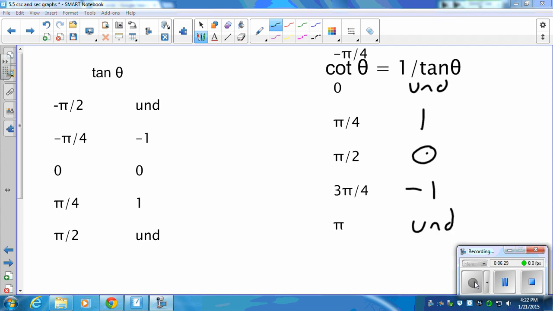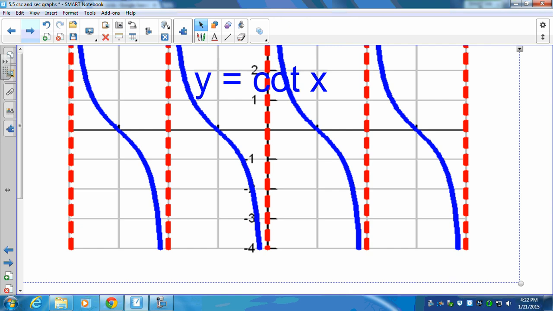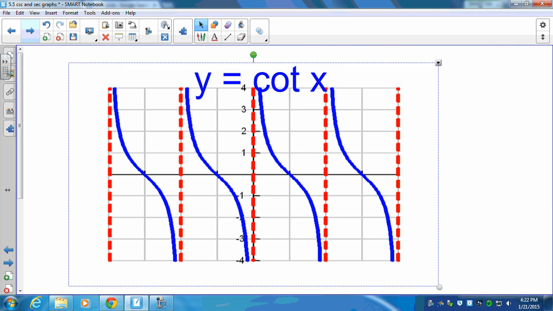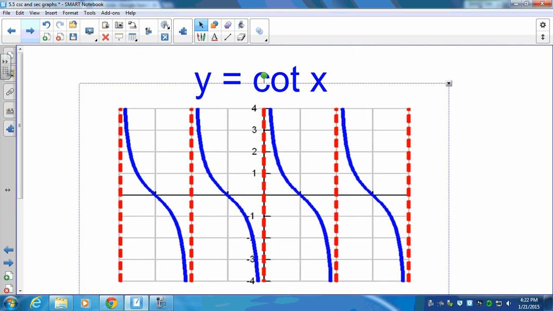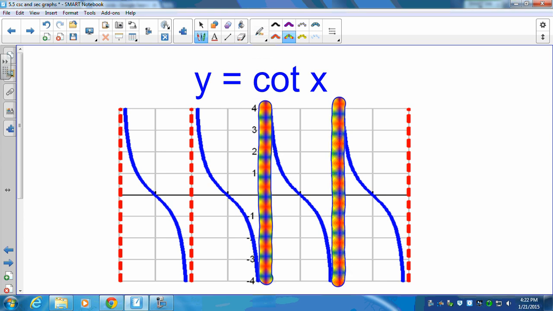So now, if I line those up with my graph, notice what my cotangent graph will look like. So now I'm going to graph it from 0. So my 0 is my asymptote, and my pi is my asymptote. So now as I go over, notice pi over 4, it's 1.